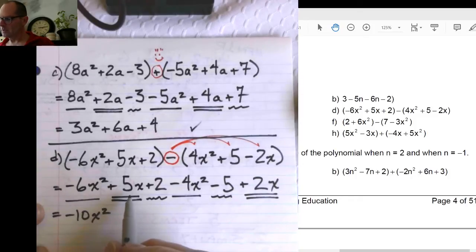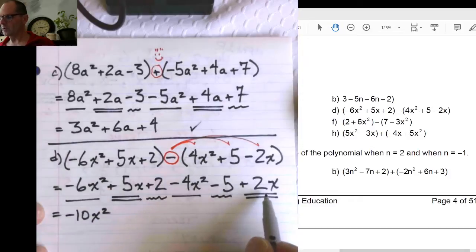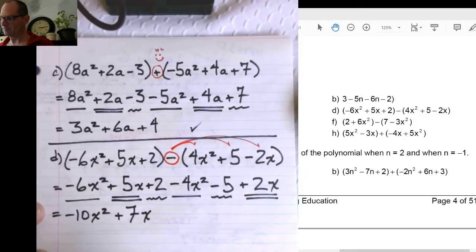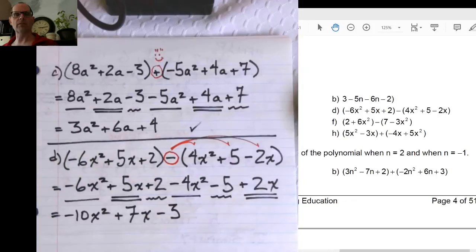And the next set of terms we're going to look at is the single x terms. We have +5 and +2, so that becomes +7x. 5 plus 2. And then we've got +2 minus 5, and that just leaves us with -3 as our final answer. Okay, and we're done.